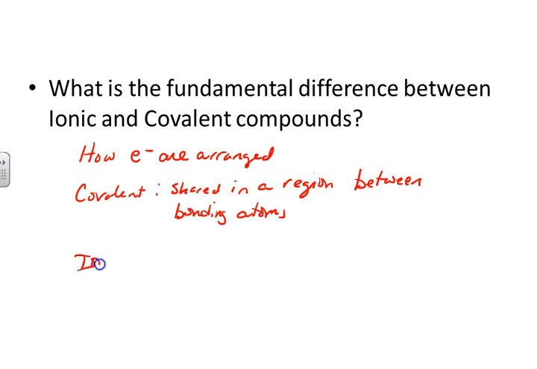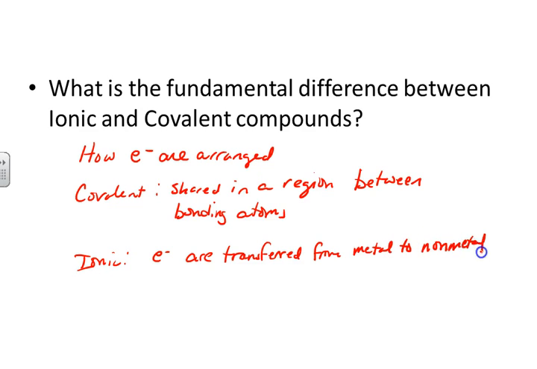For ionic, electrons are transferred from metal to nonmetal, and the electrons involved actually exist on the anion, leaving a cation behind to attract.